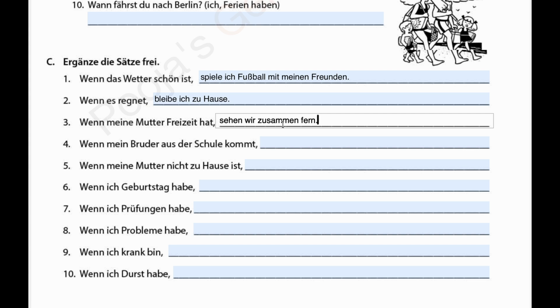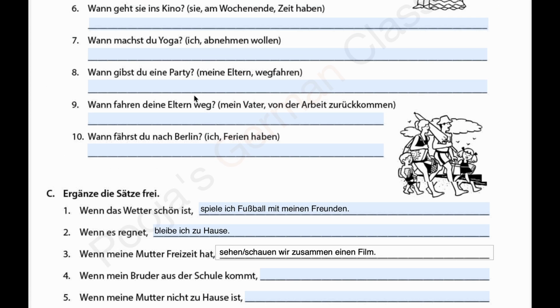Then we watch TV together. Okay? Or you can mention einen Film. Clear? And instead of sehen, you can also use schauen. Schauen also means to watch. Clear? So the rest of the sentences you can complete on your own. I hope this exercise is clear.